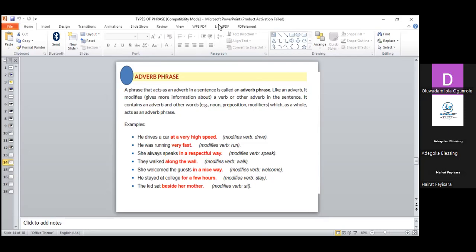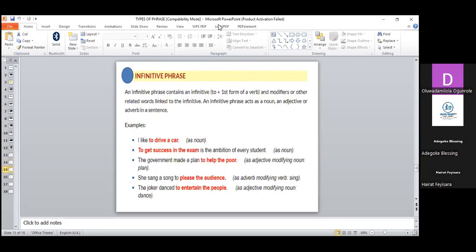So moving away from that quickly, we'll move on to the infinitive phrase. Now, anything you call an infinitive, there will always be the preposition to added to it. An infinitive phrase contains an infinitive to plus the first form of the verb.